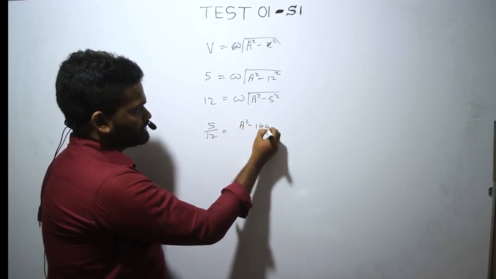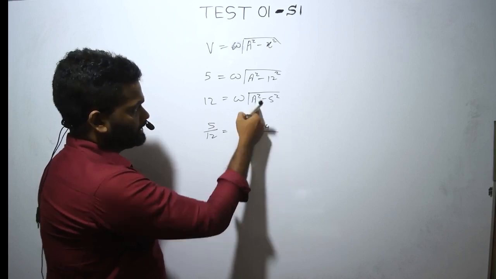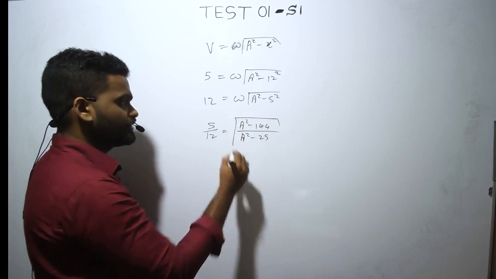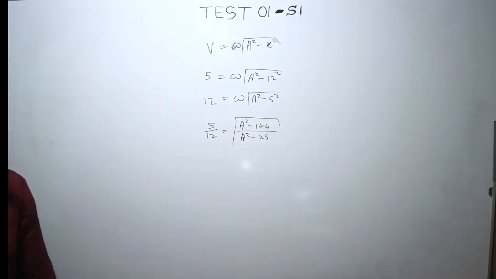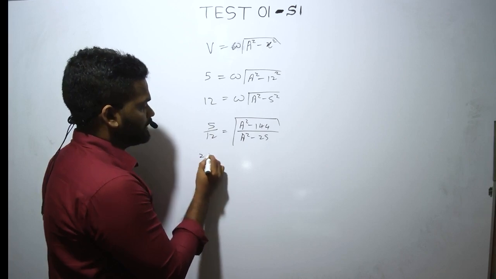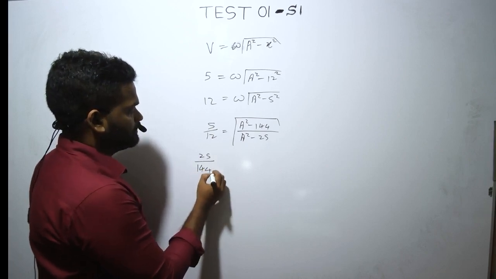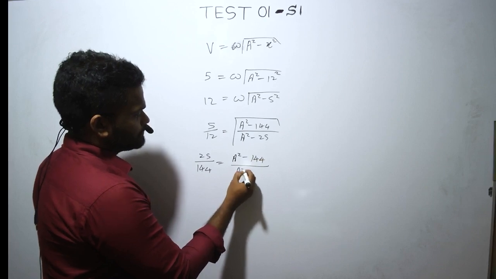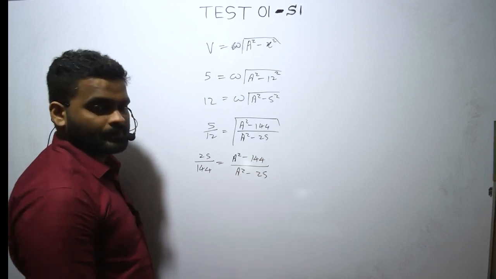Square root of A squared minus 144 divided by A squared minus 25. Root is still there. Then square both sides. So you get 25 divided by 144 equals A squared minus 144 over A squared minus 25, right?